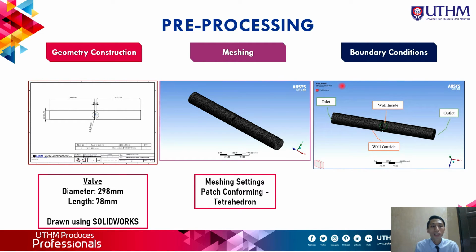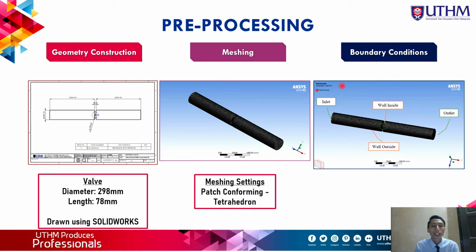The geometry is constructed based on the diameter of the pipe and the geometry of the valve from the real condition at Menara Prudential, and it is drawn using SolidWorks software. After that, the drawing is transferred to ANSYS by converting it into an IGES file, and it is opened in ANSYS SpaceClaim to repair it and ensure the drawing fits into ANSYS.